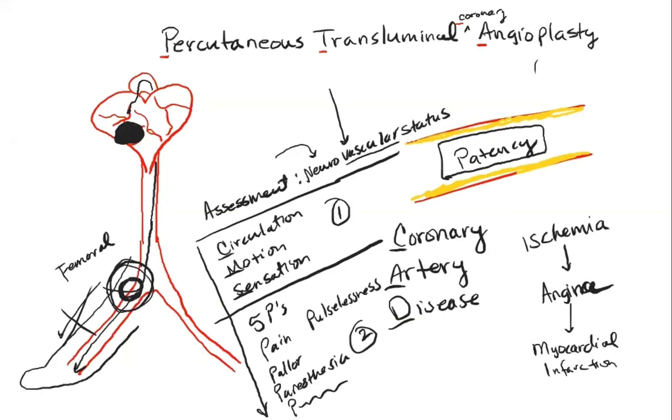If there's pain, if there's no pulse, if there's pallor, if there's paresthesia, if there's poikilothermia, then that means that the patient has a compromised neurovascular status and it needs to be reported. Does that make sense?